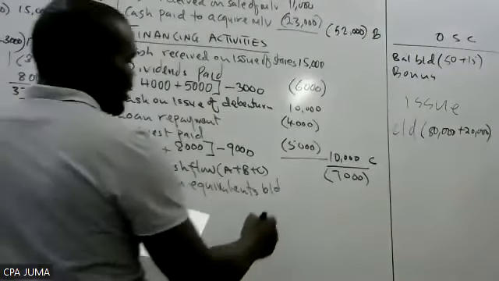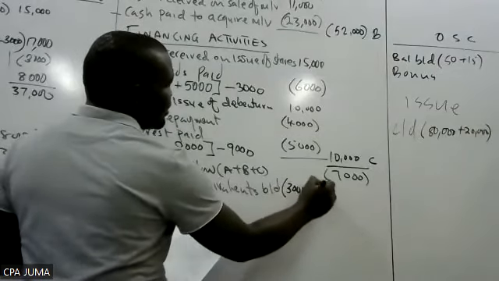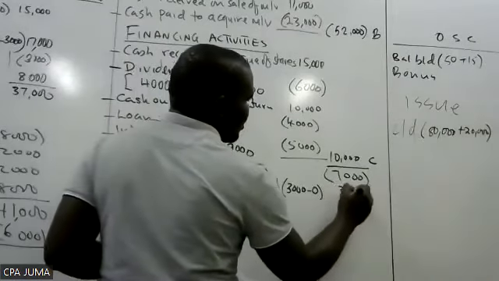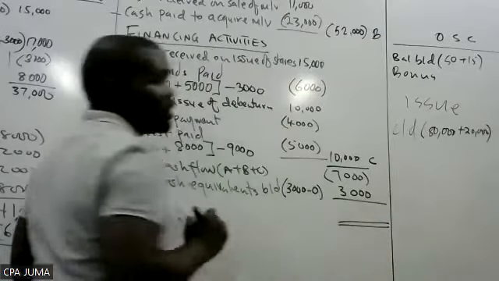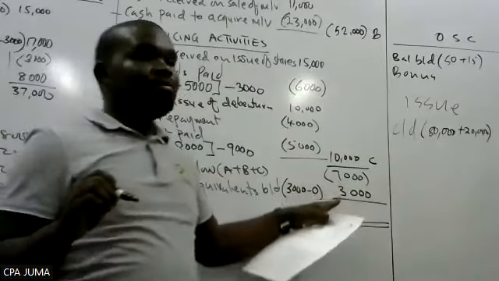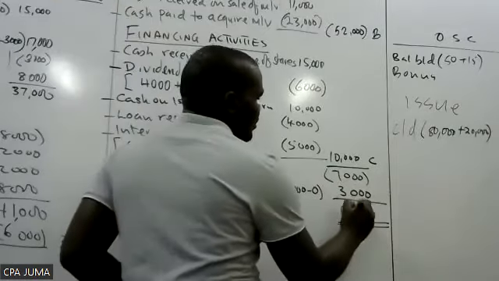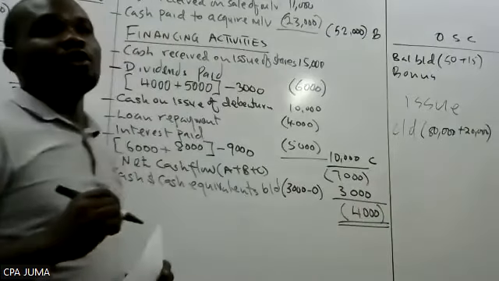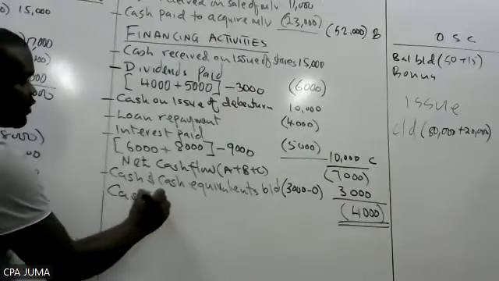So you take bank is 3, overdraft is 0. Minus 7 plus 3 is negative. So minus 4. So cash and cash equivalents at the end should give us 4.